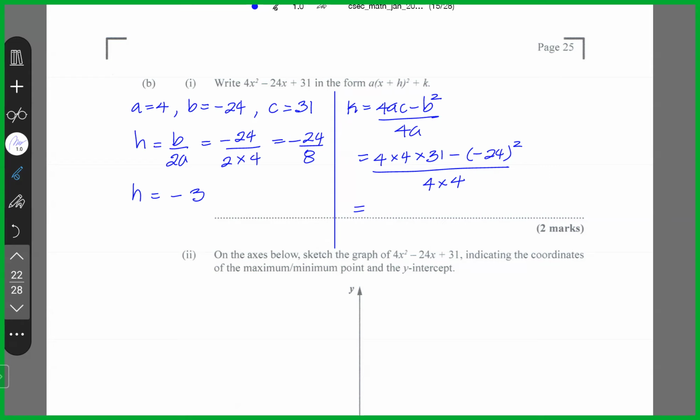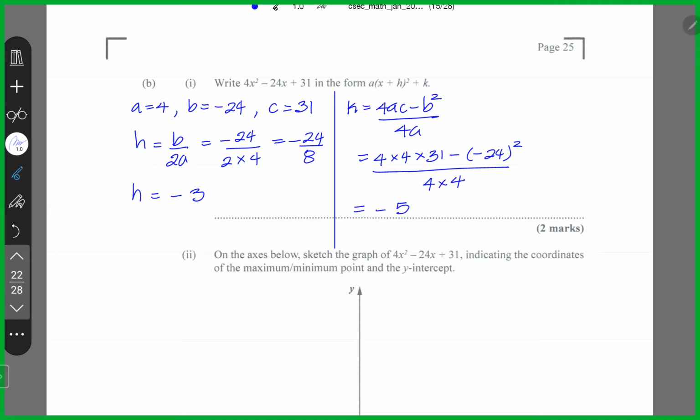Calculator, fraction, numerator 4 times 31 minus, open bracket, minus 24, close bracket, square, divided by 4 times 4, which is 16. Press equal. This is minus 5.